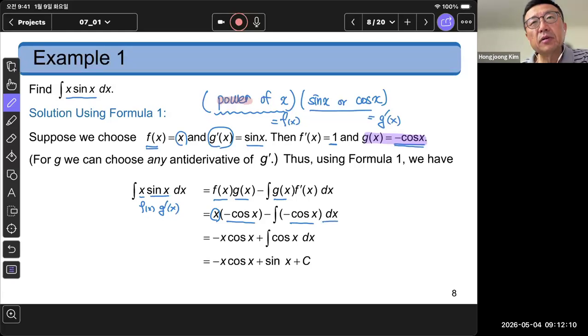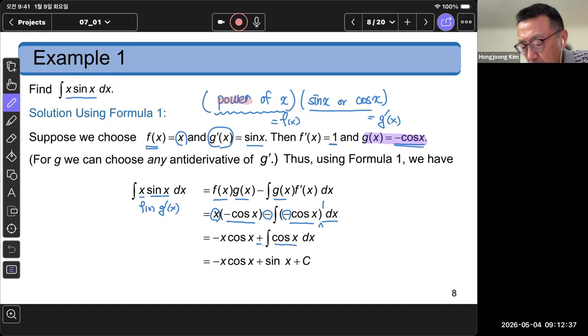Multiplication by negative cosine x will give you just negative cosine x as the integrand. So here I have two negatives, which make one plus sign, and then you need to integrate cosine x.